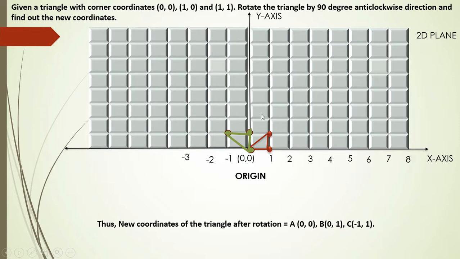After rotation, we have these values 0, 0, 0, 1 and minus 1, 1. To find out whether it is rotated by 90 degrees or not, we can check with the help of this. This is the B of our original triangle, and this is the second B of the same triangle after rotation. So it creates an angle of 90 degrees after rotation.